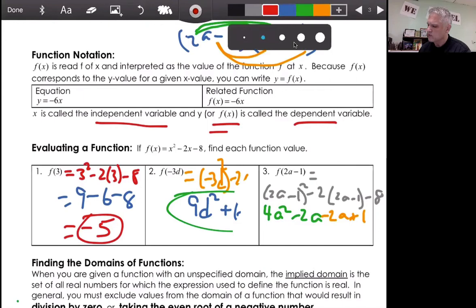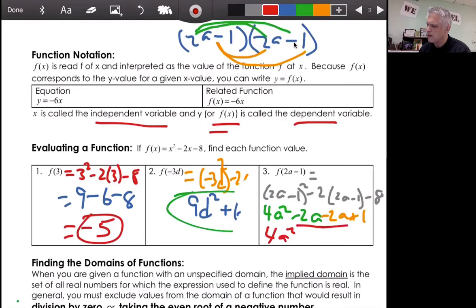So let's combine them. We got 4a squared minus 2a minus 2a. Well, -2 minus 2 is -4. Let's put that squared there. Minus 4a, and you got your +1. Okay. No like terms left, can't add them or subtract them and combine any like terms there. Right? So that is it for functions being evaluated. Okay, so we did a little FOIL, did a little simplifying, a little evaluating.